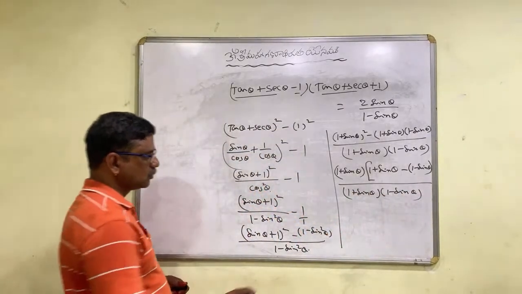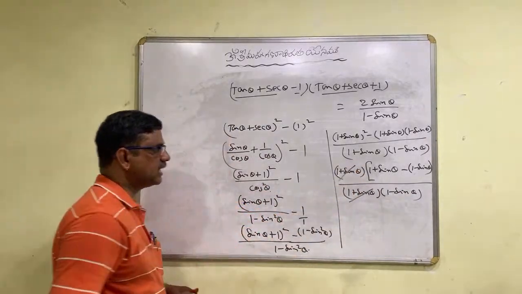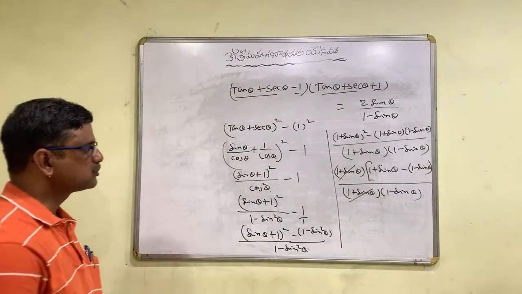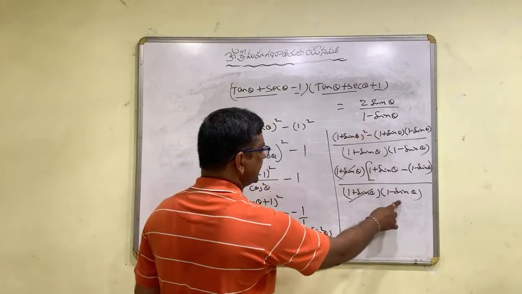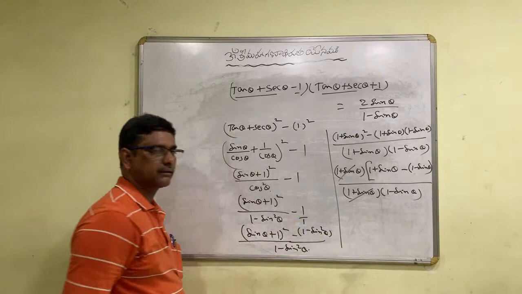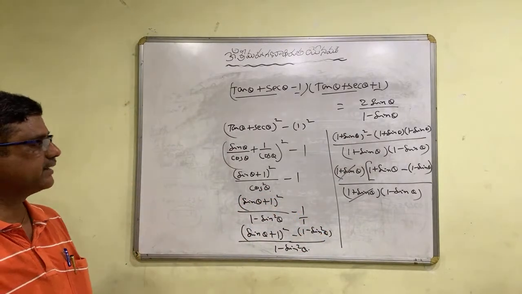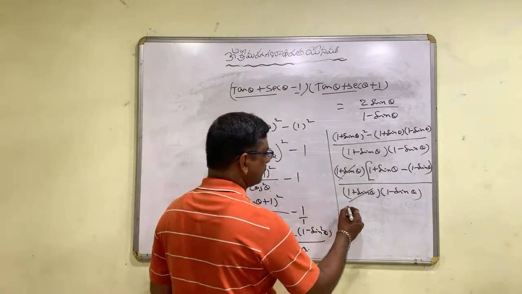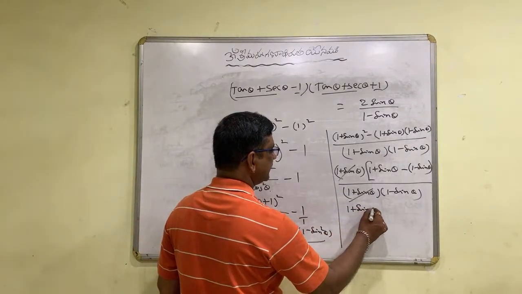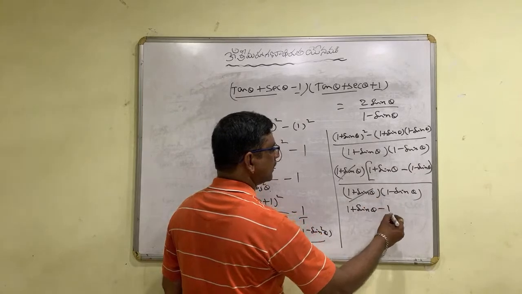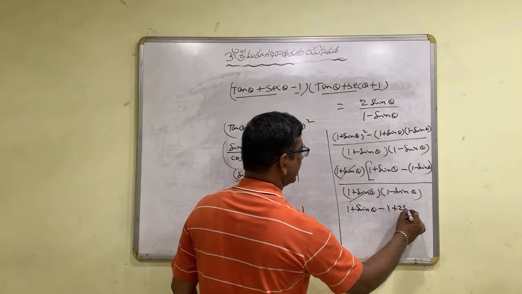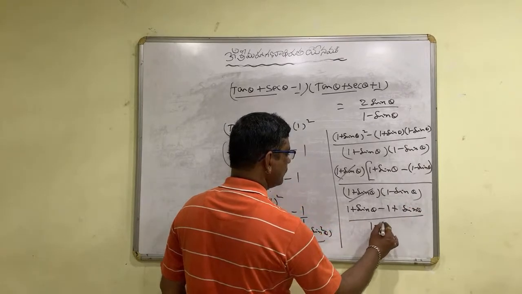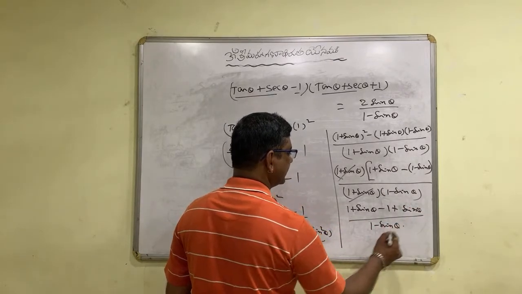Okay, so 1 plus sine theta gets cancelled. We got the denominator, we just need to simplify the numerator now. See, 1 plus sine theta minus 1 plus sine theta, by 1 minus sine theta.